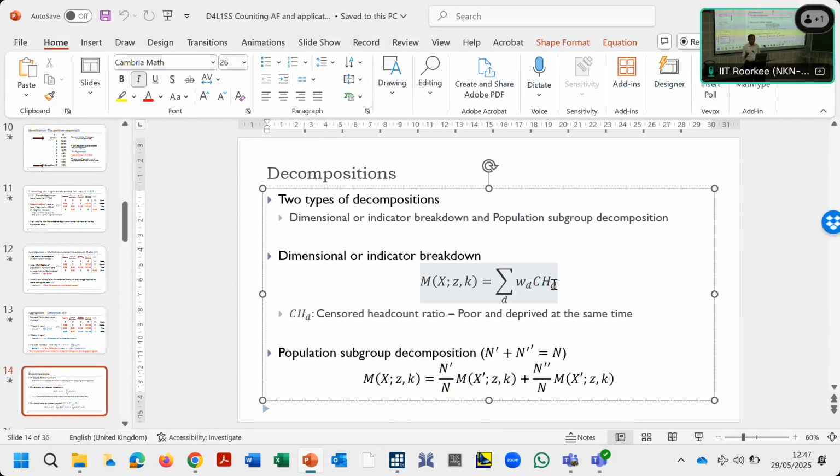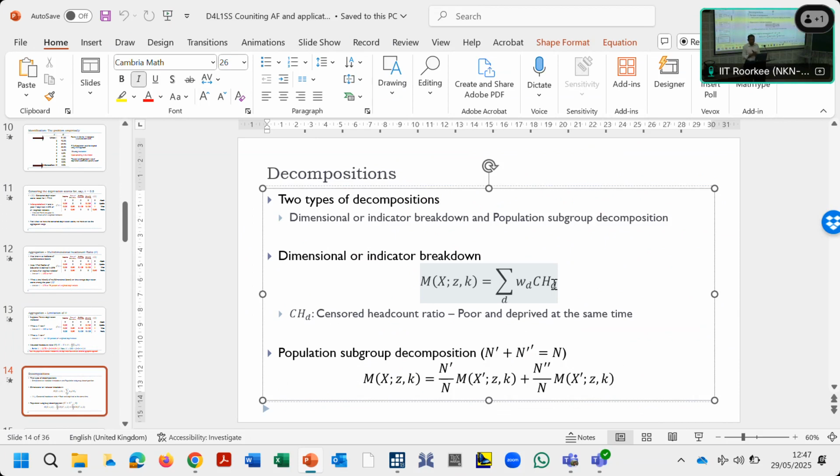So we literally had our M0 is equal to weight on indicator 1 times censored headcount ratio plus weight on indicator 2 times censored headcount ratio, and so on. So the absolute contribution of a particular indicator, so indicator 1, is going to be the weight on indicator 1 times the censored headcount ratio of indicator 1. This is the absolute contribution.